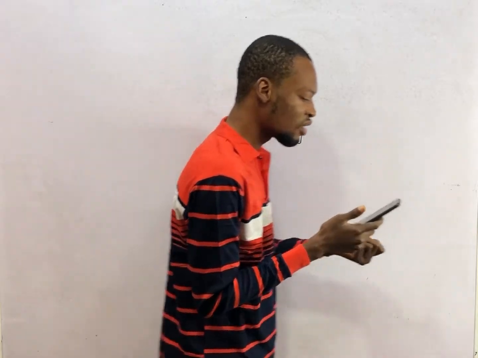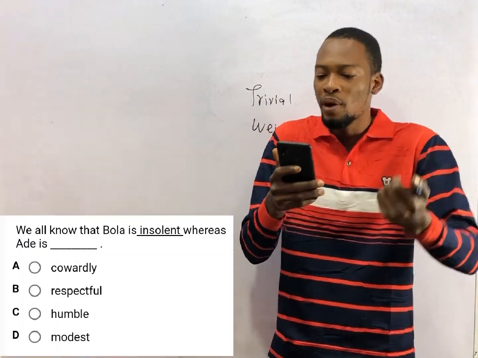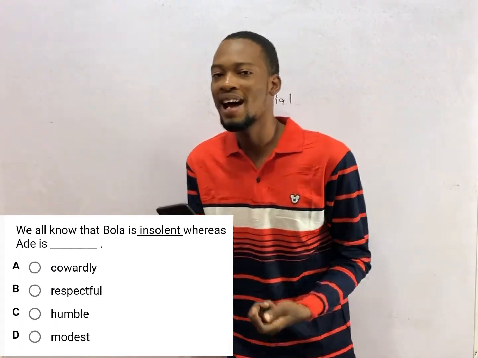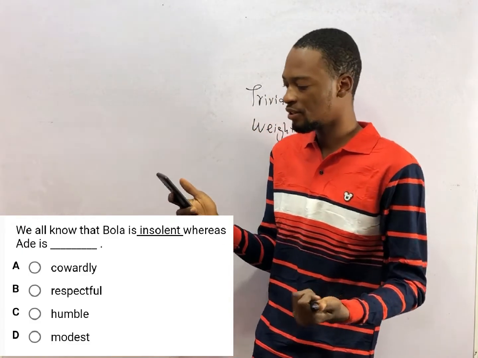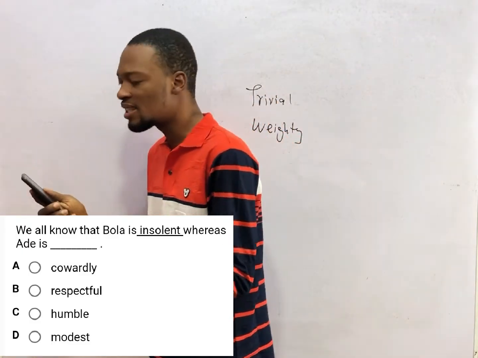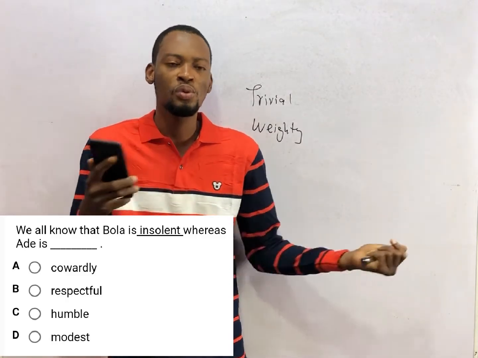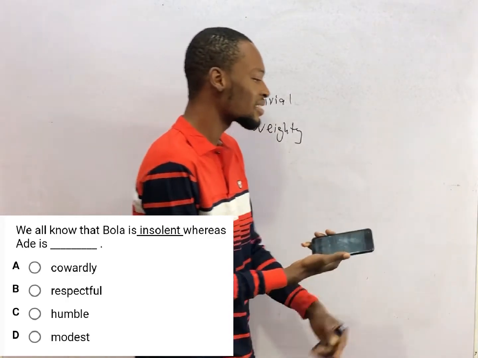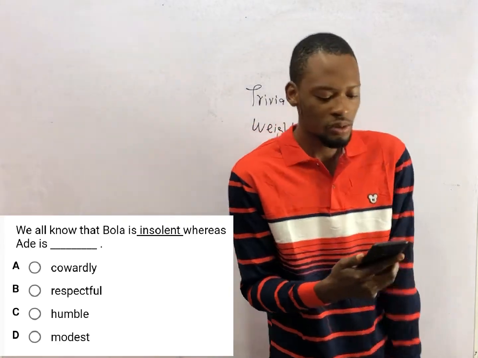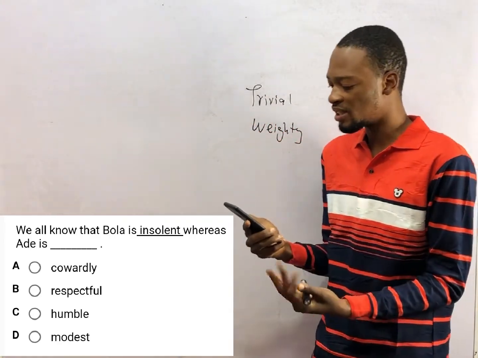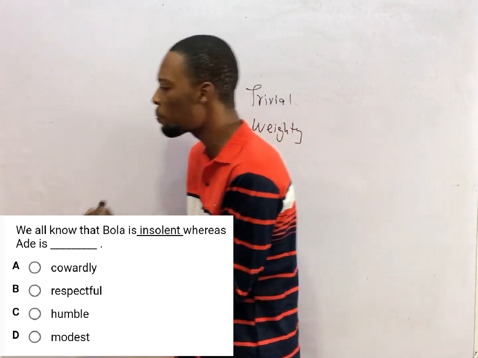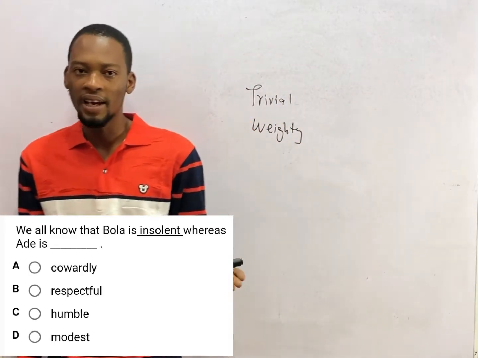Then here says, we all know that Bola is insolent, whereas Ade is dash. Bola is insolent. Insolent simply means disrespectful, rude. That is the meaning of insolence, lack of respect. So, if Bola is insolent, then Ade should be the opposite of Bola.